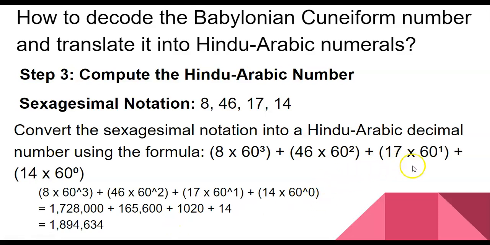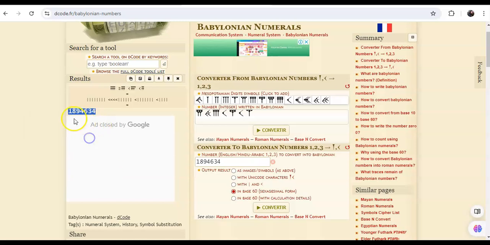And then 17 times 60 raised to the power of 1, that's 1,020. And then 14 times 1 is 14. And then add all of the place value contributions. The grand total is 1,894,634, which has been validated by the Decoder website.